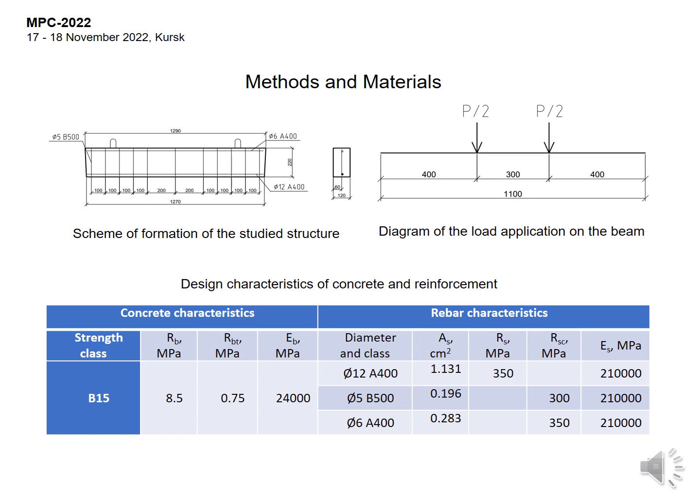The characteristics of materials required for calculation for the first group of limit states are shown in this table. For the experiment, we will take a calculated scheme of loading in the beam in the form of a four-point bend, with a projection of the inclined section equal to 4000 millimeters.